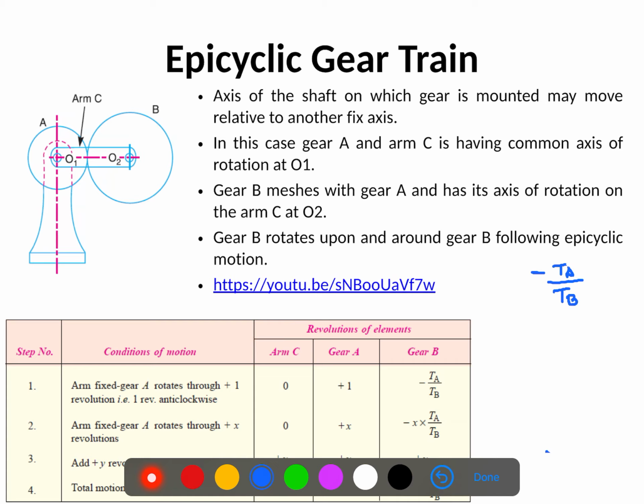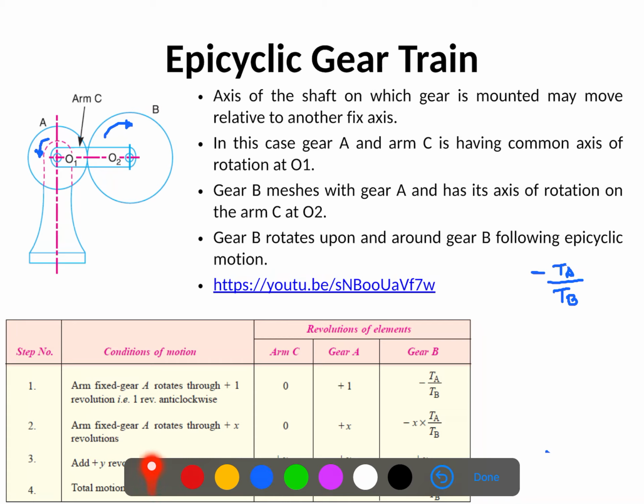Why are we considering the minus? Because if I assume that anti-clockwise rotation of gear A is positive, then clockwise rotation will be considered negative. As gear A rotates in one direction, gear B rotates in the opposite direction. As the sense of rotation is opposite, that's why we are considering it negative.